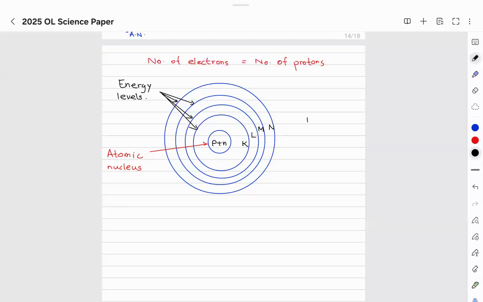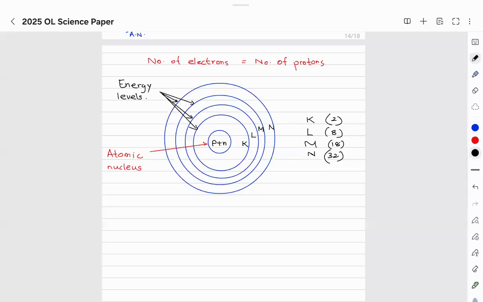The maximum number of electrons that can be occupied in K is 2, L is 8, M is 18 and N is 32. Understood?